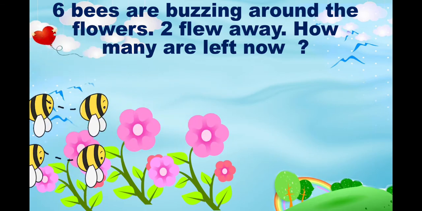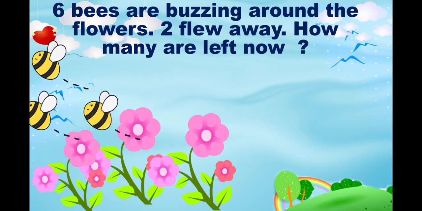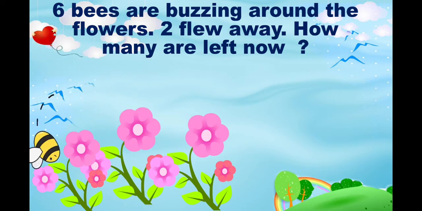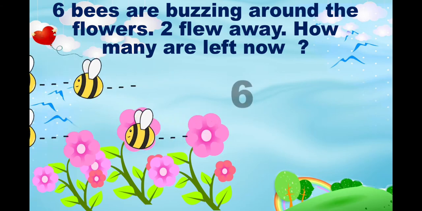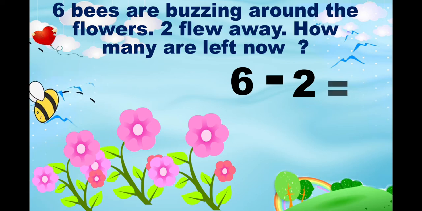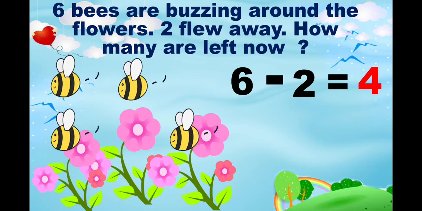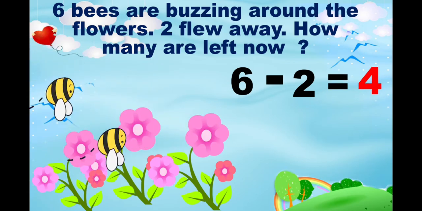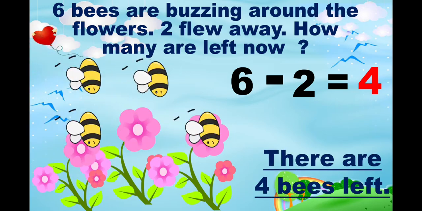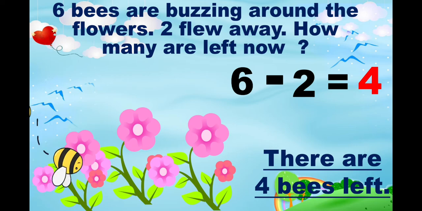Out of these 6, 2 flew away. 1 flew away and 2. Now how many are left? We have to find this out. So what are we going to do? 6 minus 2 equals 4. Yes, we can count here also that only 4 bees are buzzing now. So the answer will be, there are 4 bees left.